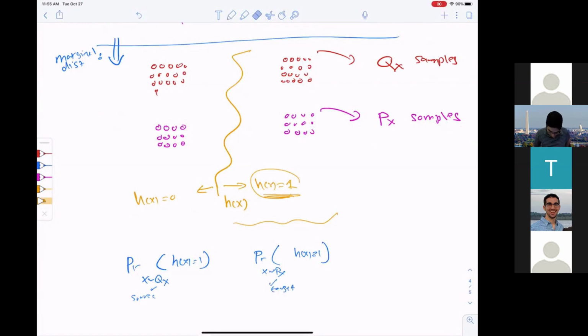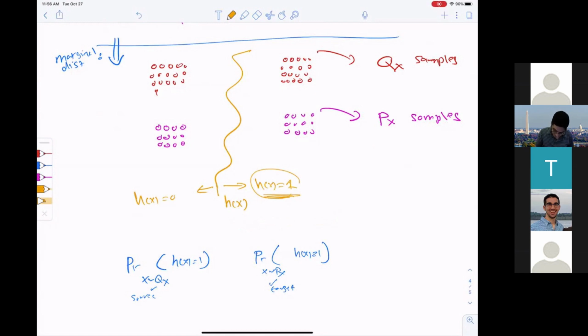In this example, what is the probability of h(x) to be 1 if x is coming from my source sample? Roughly speaking, no, it's not 1. So what is this term? This term is the fraction of source samples that happen to be on the right side of my hypothesis. Yes, 0.5, right?